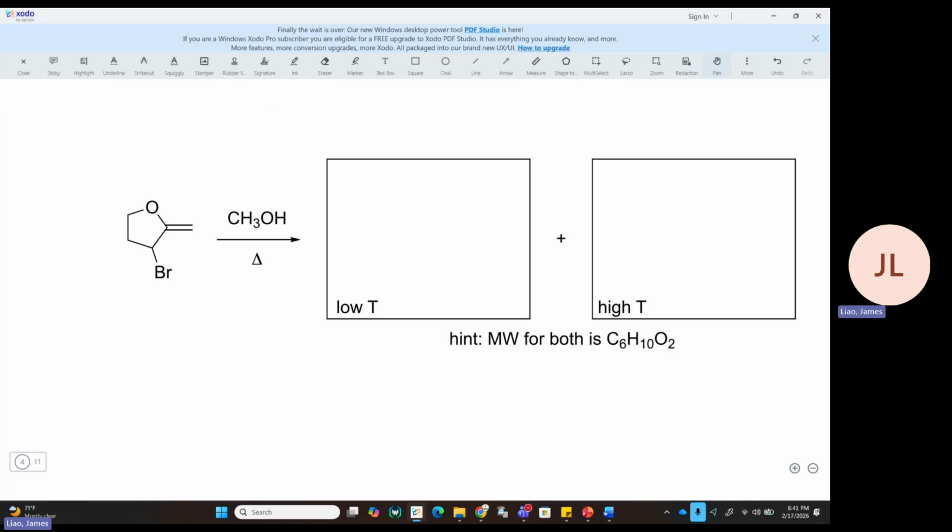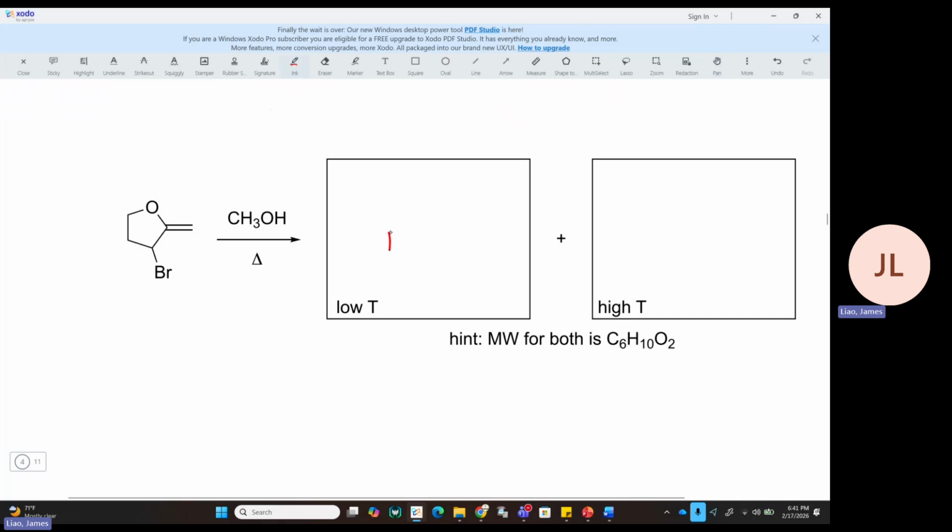So looking at this closely, we have an alcohol with heat and a bromine next to it. So it's going to be treated as more of an SN1 reaction, where it's going to lose the bromine to form a carbocation, and then it's going to do a substitution through solvolysis, and that's going to form a simple SN1 product.